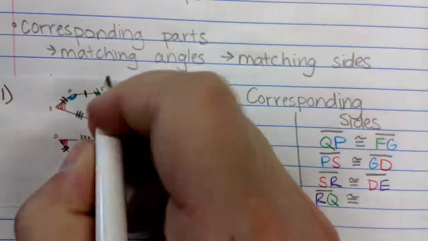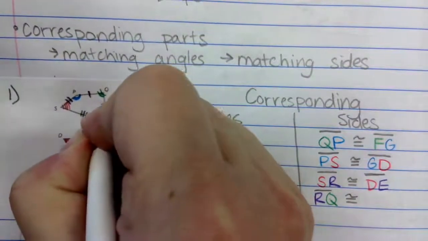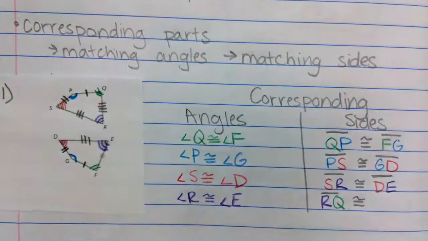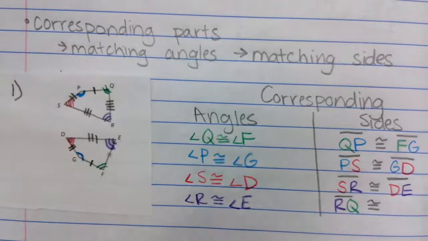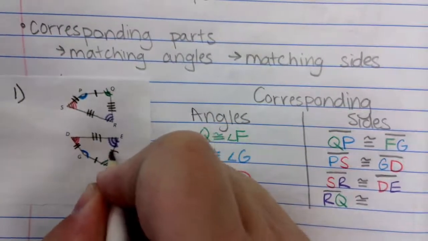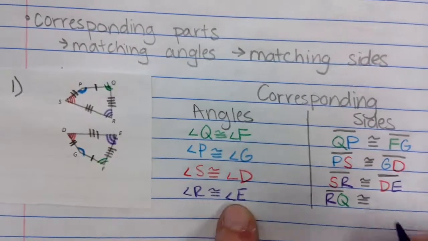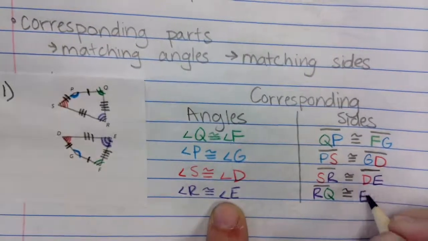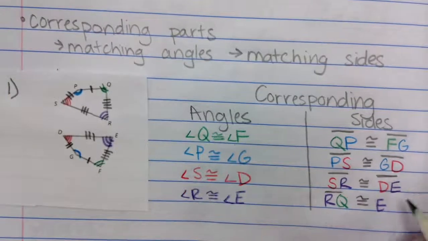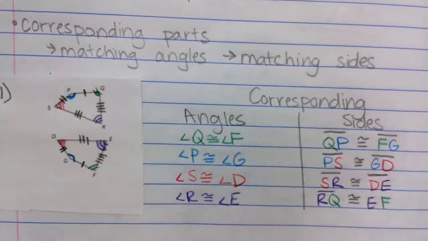That has 4 tick marks. E to F. And I know that because R is the same as E, and E is the same as F. So we're really just lining up which side goes with which.